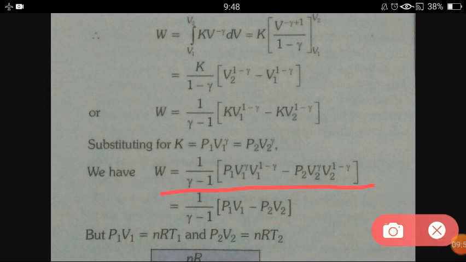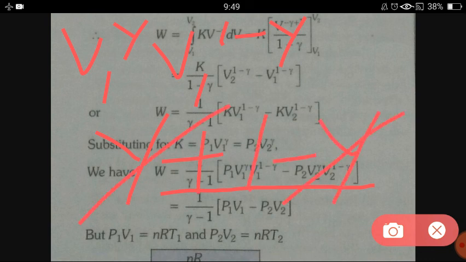Now in this equation we have V1 to the power gamma into V1 to the power 1 minus gamma. Because they are in multiplication form, the powers will simply be added. When we add, we get gamma plus 1 minus gamma.